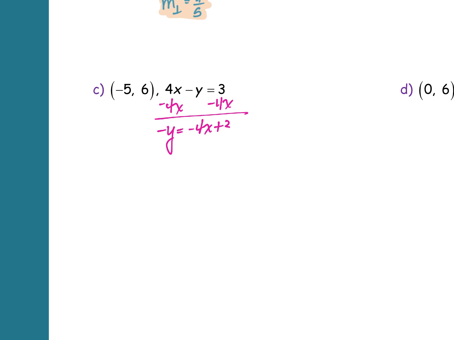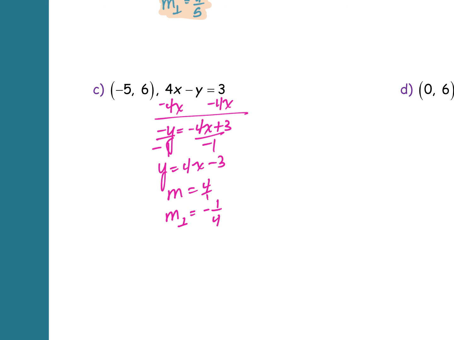Notice I slowed down quite a bit on this one, right? Y equals 4x minus 3. So my slope equals 4. And the slope of my perpendicular line will equal negative 1/4.